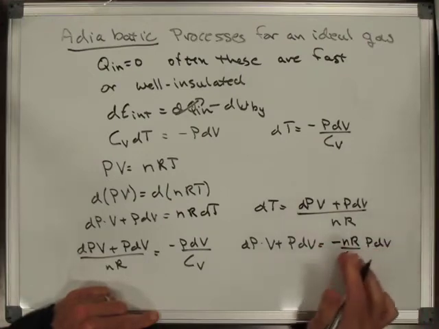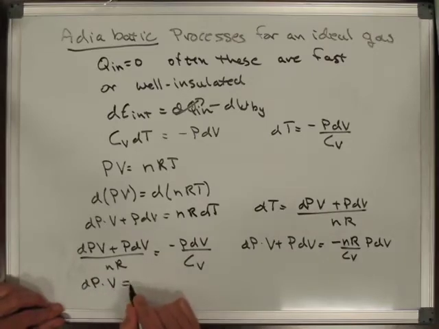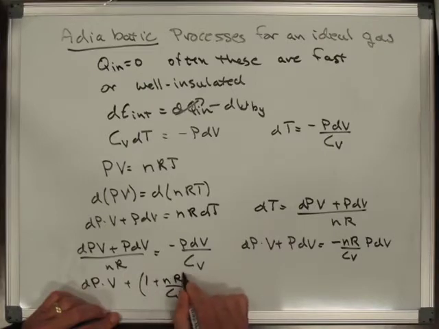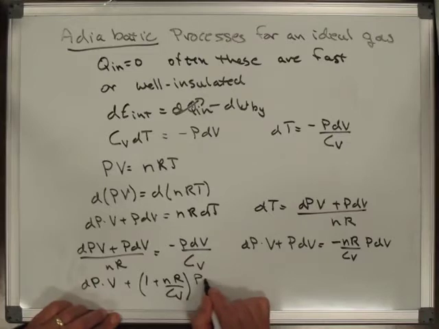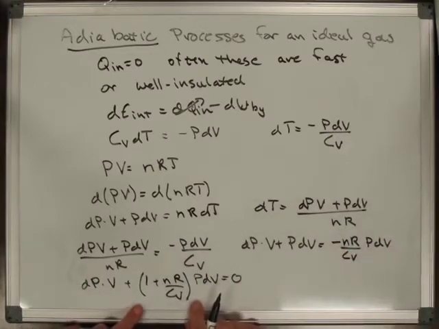I've got a P dV on both sides, so I'm going to bring this guy over to the other side, and I'm going to say d of pressure times volume plus (1 plus nR over CV) times P dV equals 0. So I added this over and I factored, if you can follow that in one step.